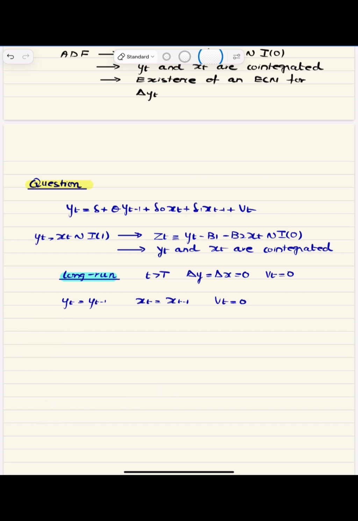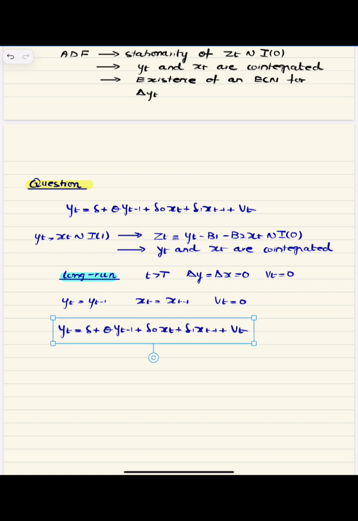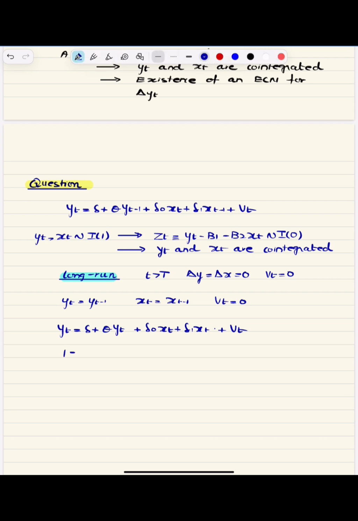When I substitute this into the model which is given to us, all of these are equal to each other, so I'll have 1 minus theta into yt is equal to delta plus delta naught plus delta 1 into xt plus vt.